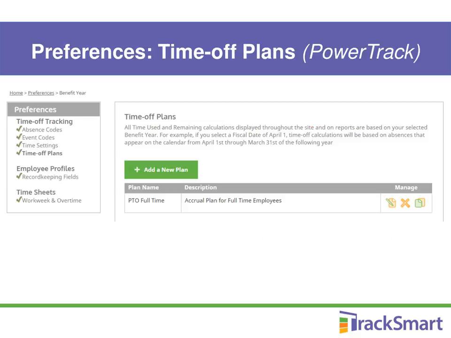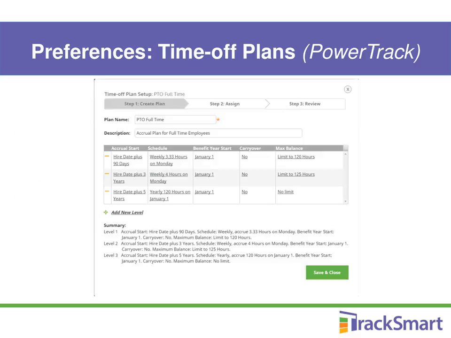Now we get into our PowerTrack and PowerTrack Plus members. Our PowerTrack Plus and PowerTrack members have the option to set up an accrual plan or an annual time off plan by clicking Add New Plan. You have the option to enter a plan name. A short, quick name that you'll be able to see clearly is better, like PTO full-time.